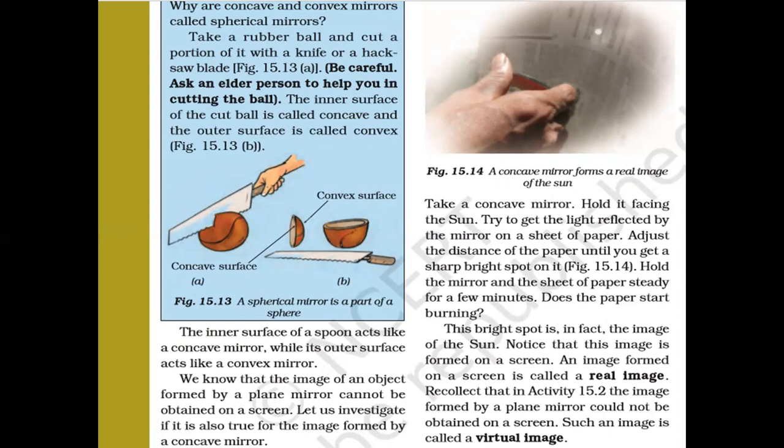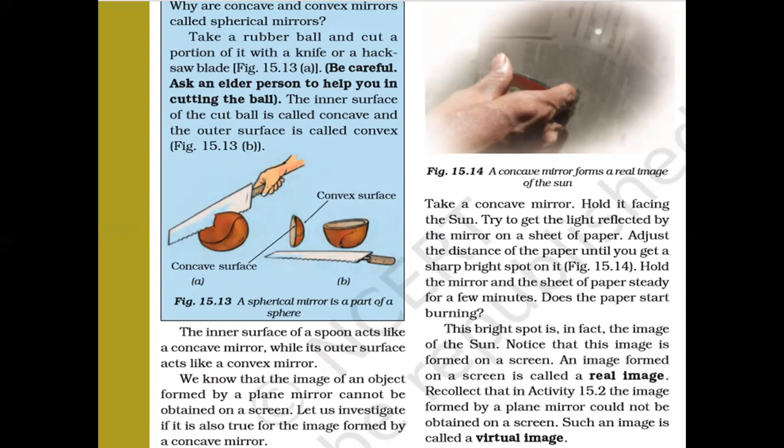So in today's class, we learned about spherical mirrors. We learned that spherical mirrors are of two types. One is the concave mirror and the other is the convex mirror. We saw in a concave mirror, the reflective surface is curved inwards. We've taken the example of a stainless spoon in which the inner surface of the spoon was acting as the concave mirror.